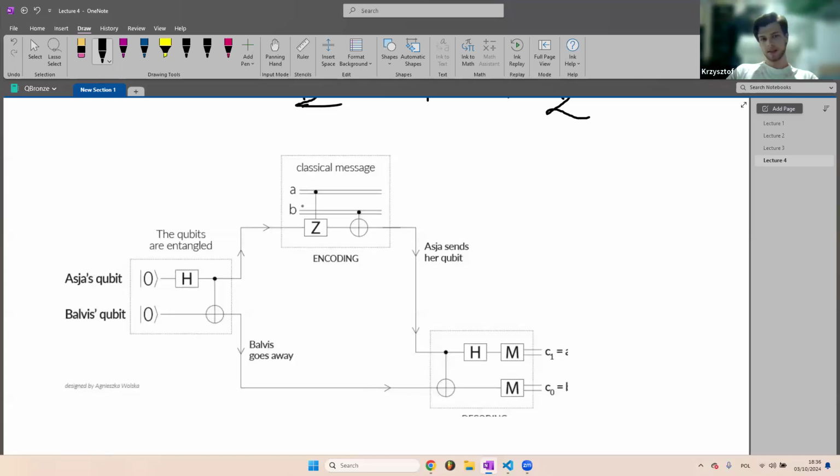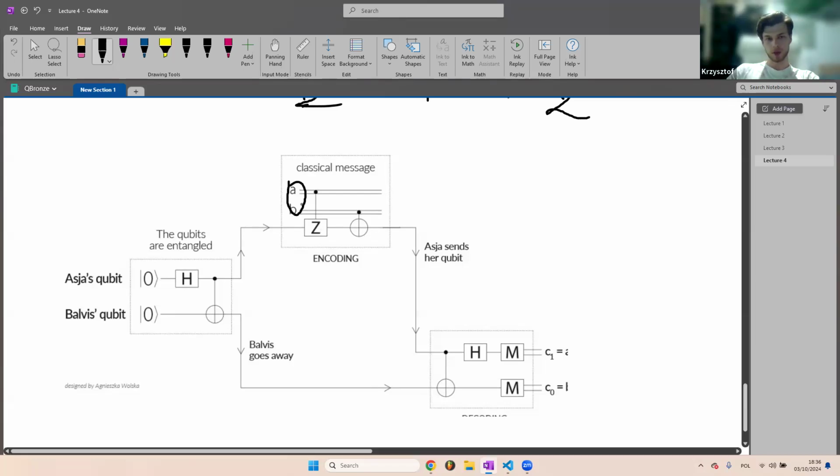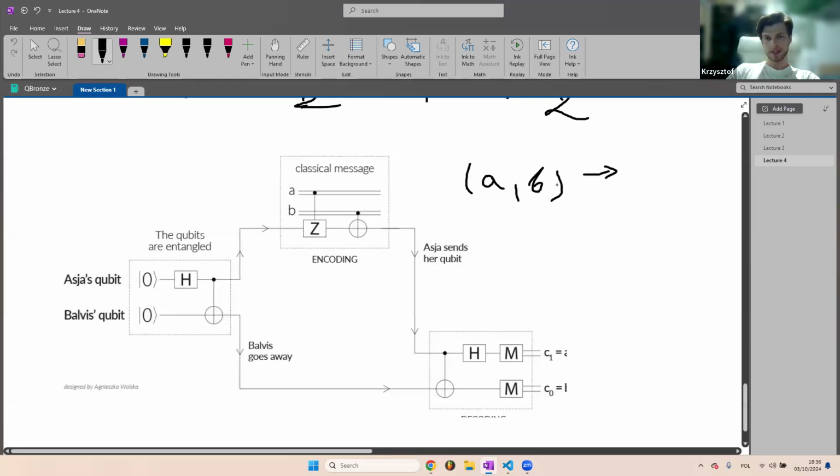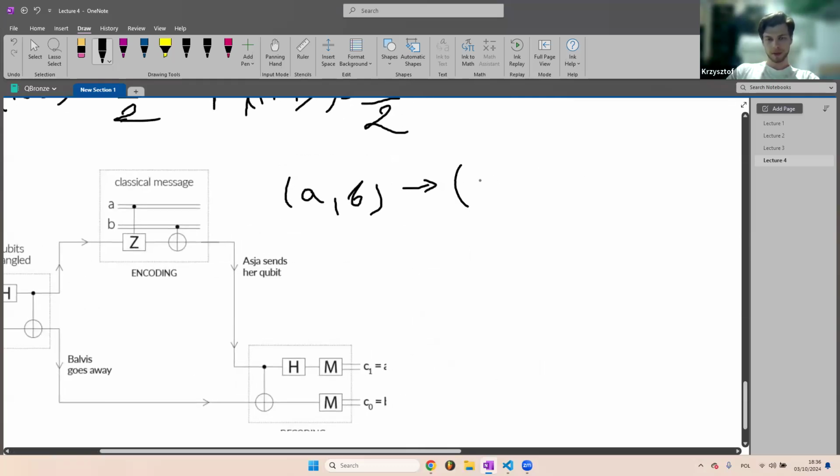And now Asia can encode 2 bits of information on her qubit. So if she wants to send a message to Balvis, she can send 4 messages: 0 0, 0 1, 1 0, and 1 1.